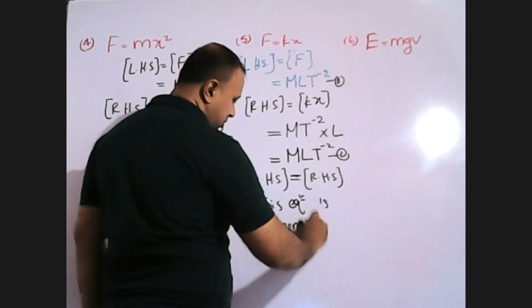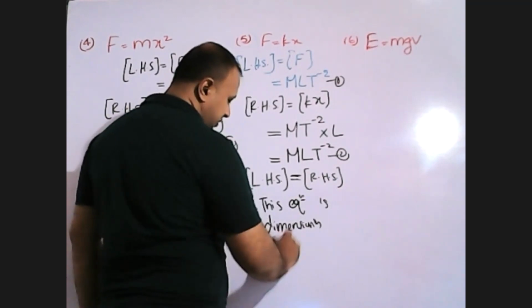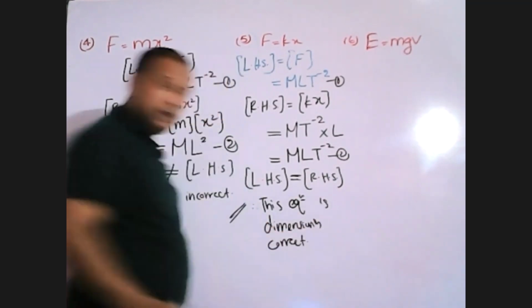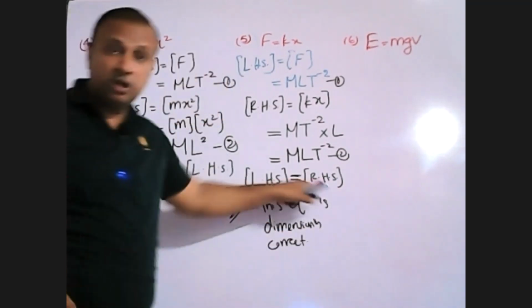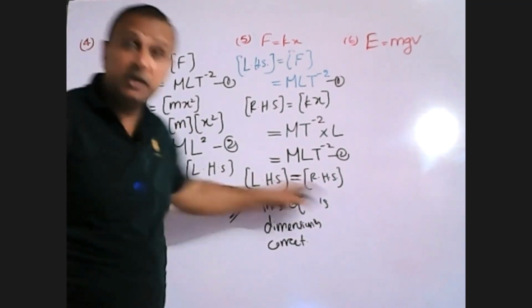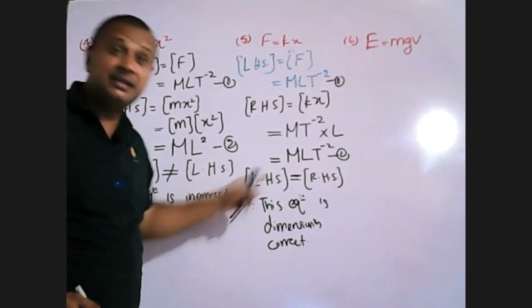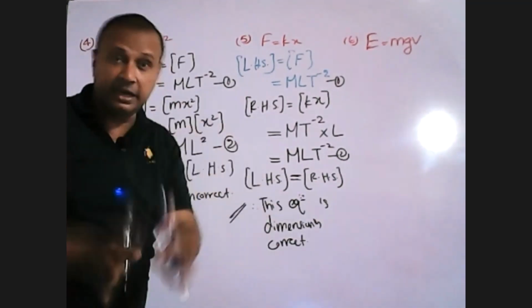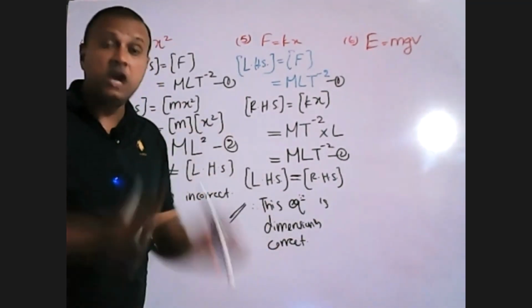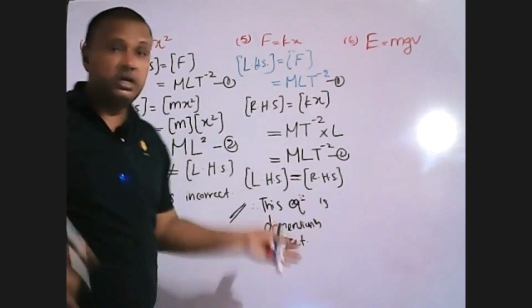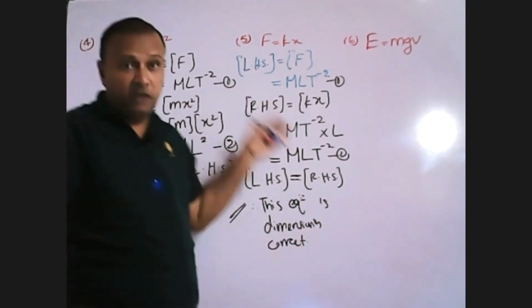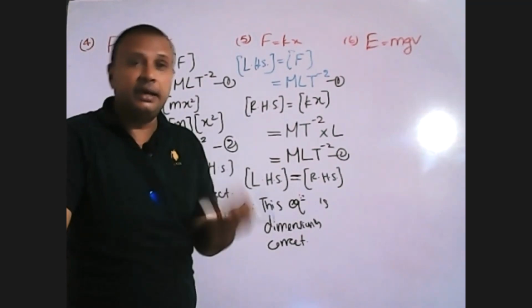Dimensionally correct. If the dimensions of two sides are equal, we should say this equation is dimensionally correct, because we cannot distinguish whether this equation is actually correct or not.